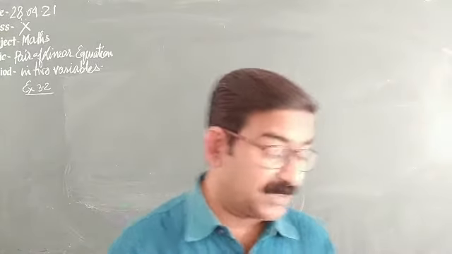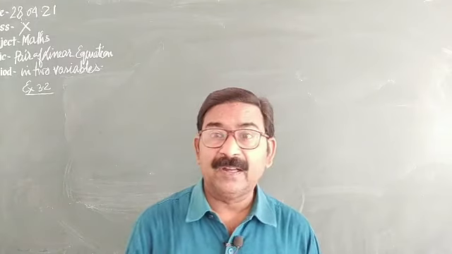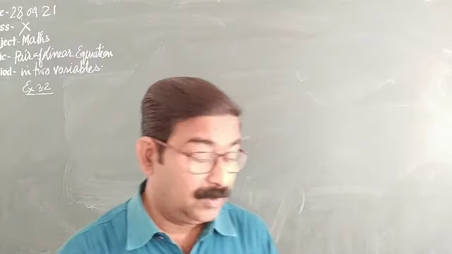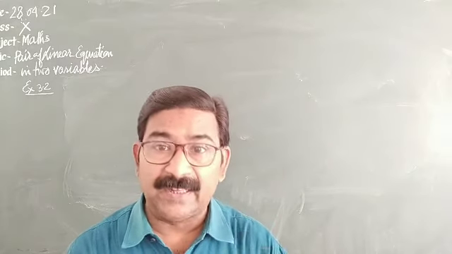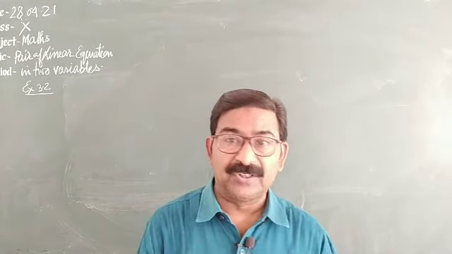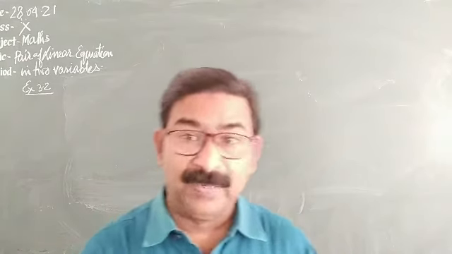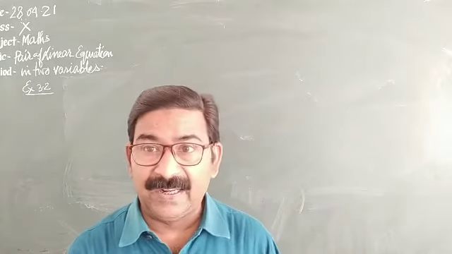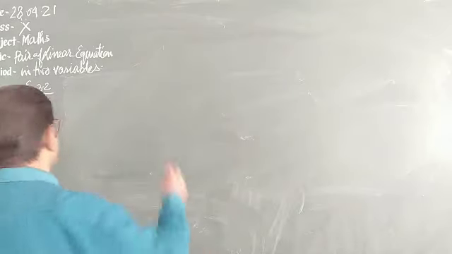Now in question number 6, what is given? We are given an equation, and we have to form another equation such that combining those two equations will have a unique solution, no solution, and many solutions. Means intersecting lines, parallel lines, and overlapping lines. Very simple question.